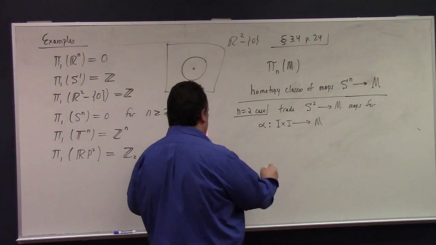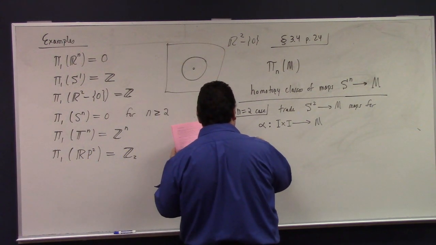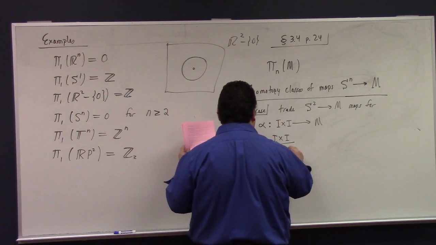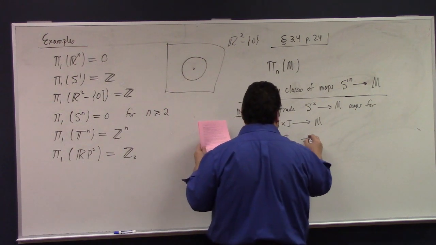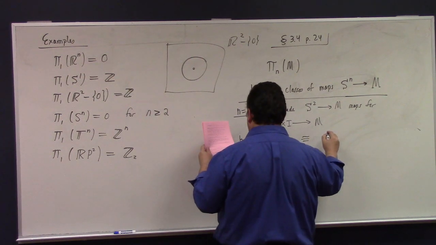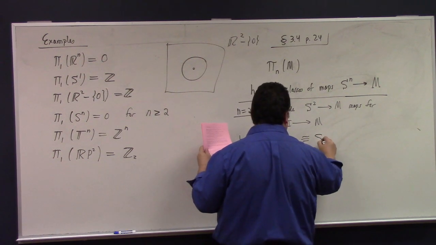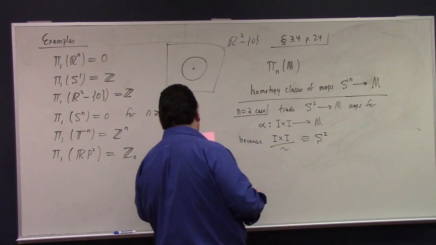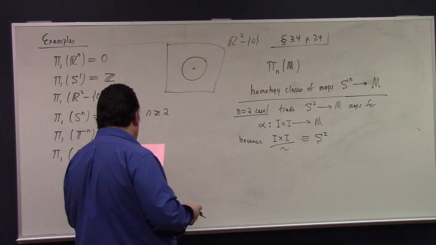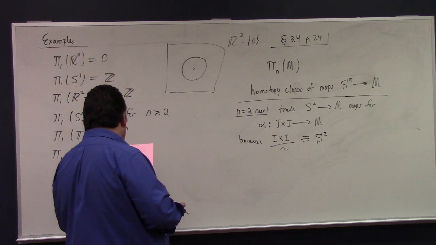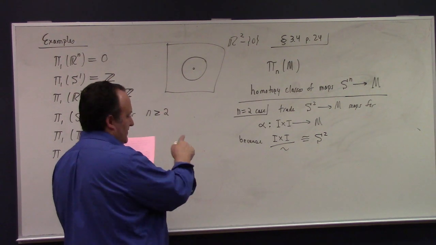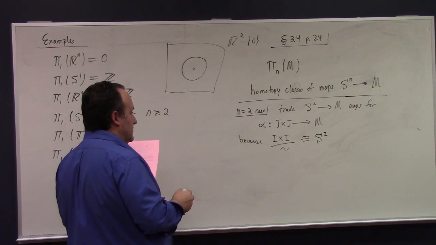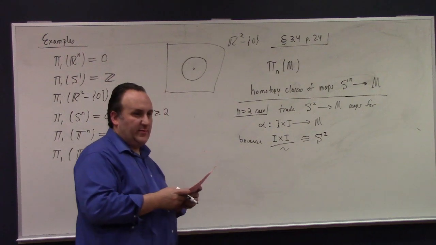And that works because if you take I cross I modulo the equivalence, it is homotopic to, or maybe homeomorphic, I'm not sure right offhand, to S2. Oh, excuse me, that's not the homotopy equivalence. That's the gluing that we do on the unit square to make it homeomorphic to S2.